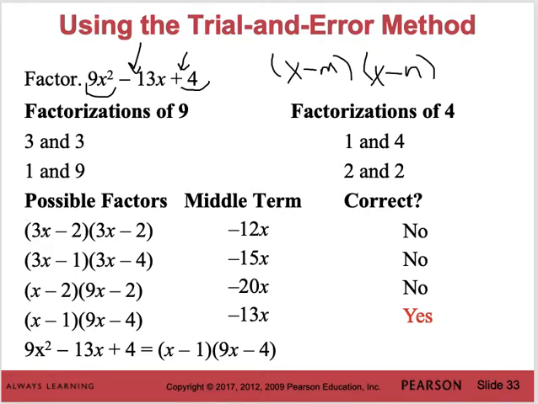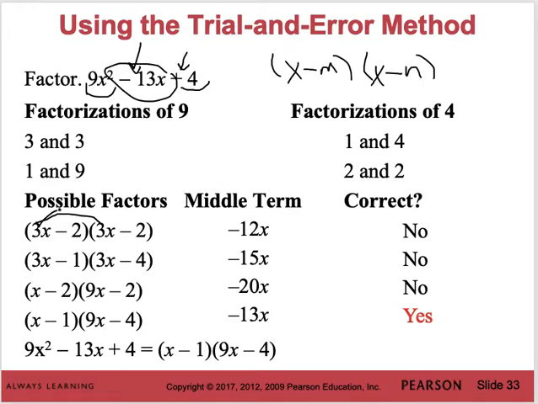And we would say, what is our middle term? Well, how do we get that middle term? We would do our first multiplication with FOIL, which gives us our first term of 9x squared. All of these work for that, so we don't really need to do first.